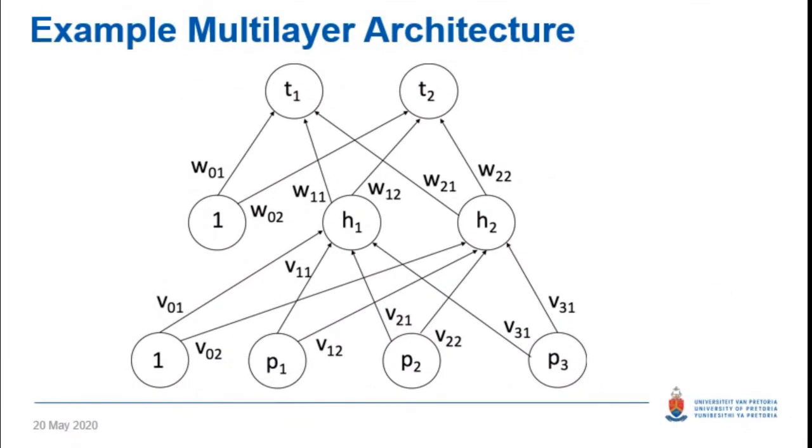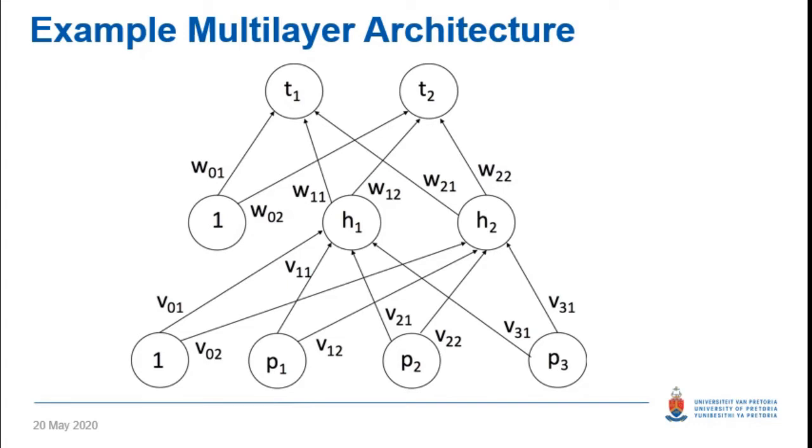Let's look at an example of the architecture that you can apply the backprop learning algorithm to. If you look at the example neural network, there are three layers. There's one input layer. That input layer has three inputs and an input of 1 for the bias. Note the notation that we're using for the bias is different from yesterday.